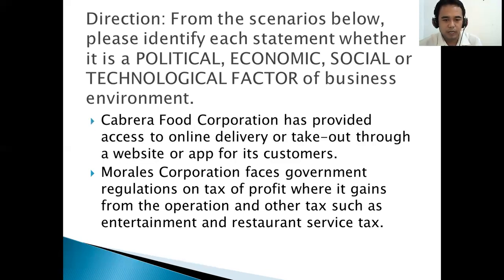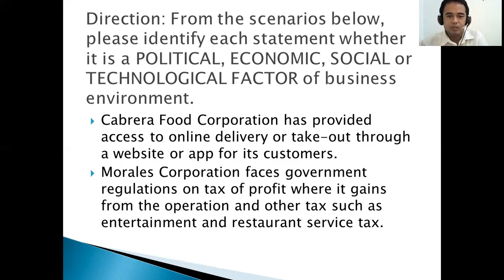And the other one, Morales Corporation faces government regulations on tax of profit which it gains from the operation and other taxes such as entertainment and restaurant service tax. The answers will be coming from you.